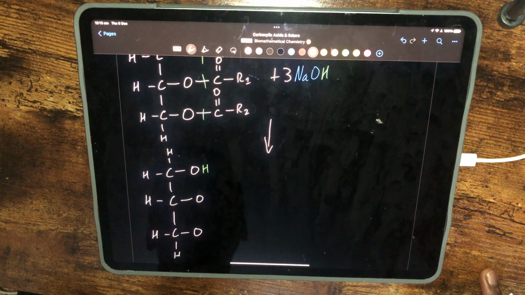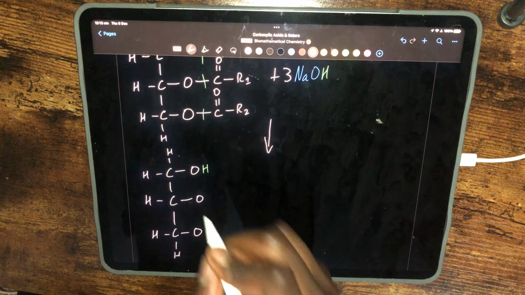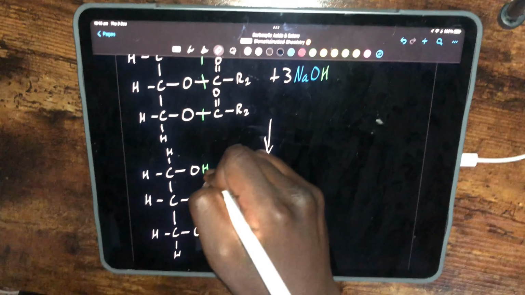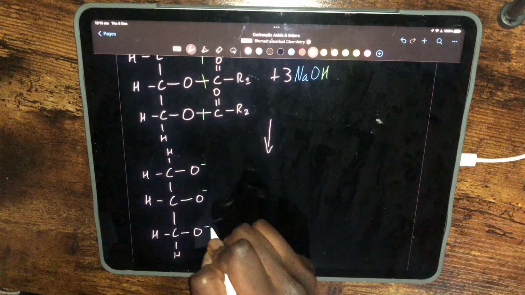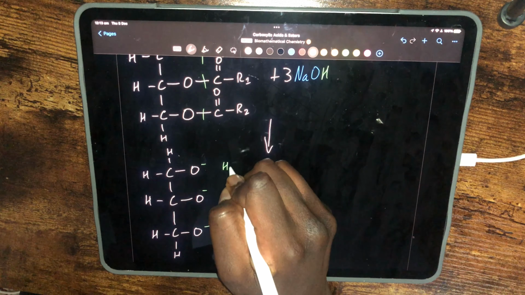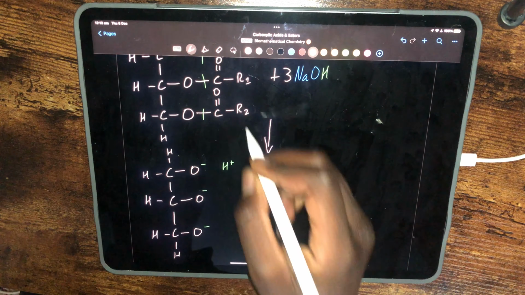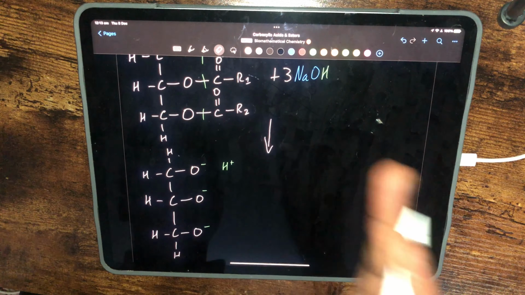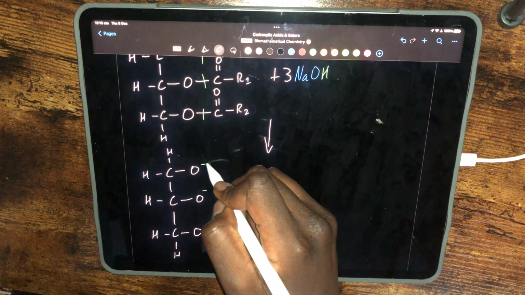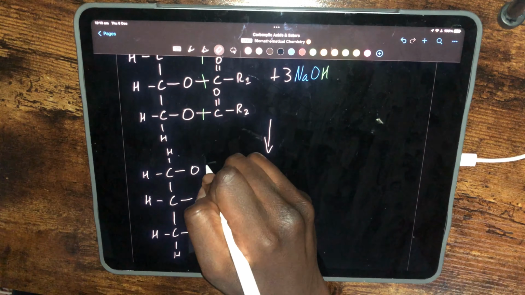Propanol, I guess it's an ion of sorts. It's an O minus really. It'll be more like this, right? And it would attract this H plus. You don't have to know about the mechanism, all of that. I'm just trying to explain to you why it's happening, but really all you need to know is that this is where it's going, right?